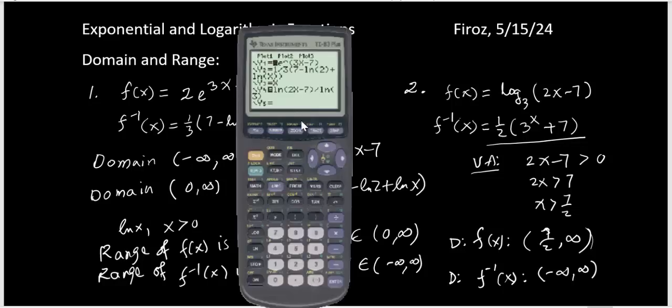Let's go back to the calculator. Let me deselect this function, keeping my pointer on the equal sign, hit enter. So you will not see the graph of those. Now in this, I'm typing the inverse function, which is 1 over 2, and then you have 3 to the x plus 7, and then graph it.